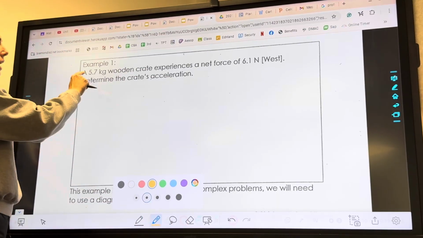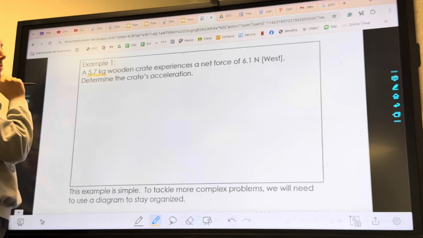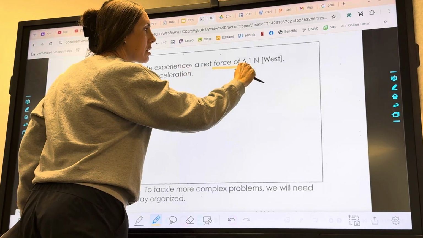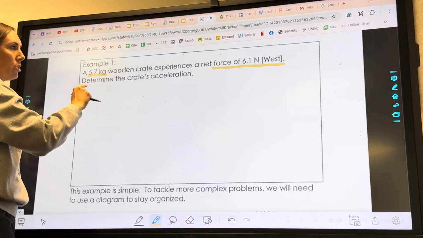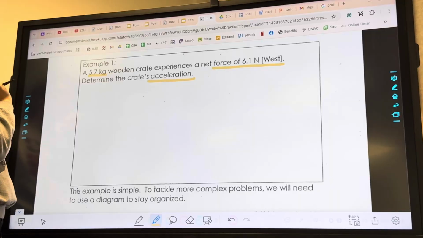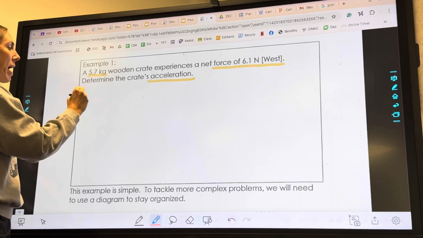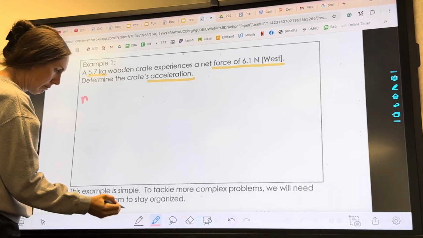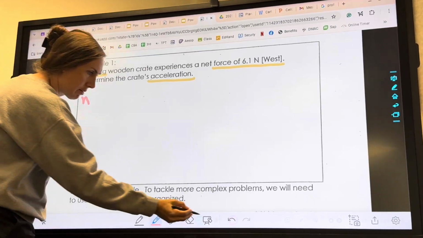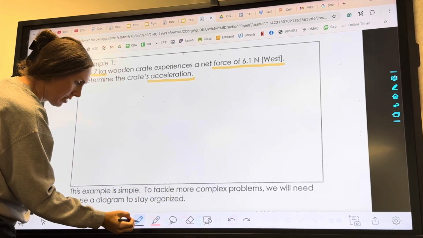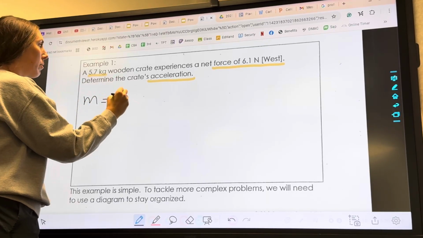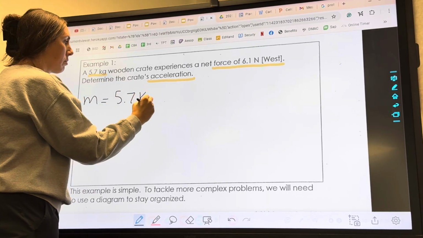Okay. A 5 kilogram wooden crate experiences a force of 6.1 newtons west. Determine the acceleration. Okay. So they gave kilograms, that's a mass. They gave us a mass of 5.7 kilograms.